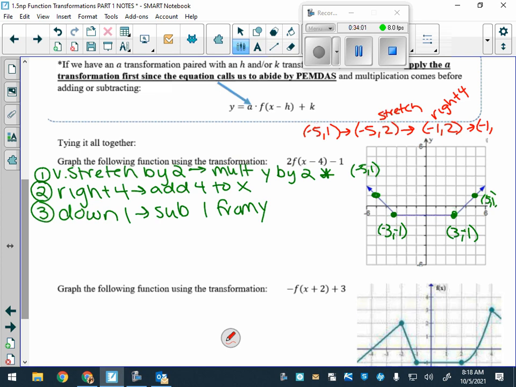Then I have to subtract 1 from Y. So our new point for this transformed function is -1, 1. Okay. How about -3, -1? What would it be?